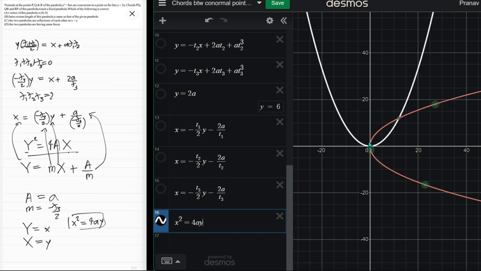Well, no, this has the focus x equal to 0 and y equal to a, and this has focus x equal to a and y equal to 0. So a comma 0 somewhere over here, and this would have 0 comma a somewhere over here. So no, these don't have the same focus. And that's it. This question is solved. I'll see you guys in the next video.